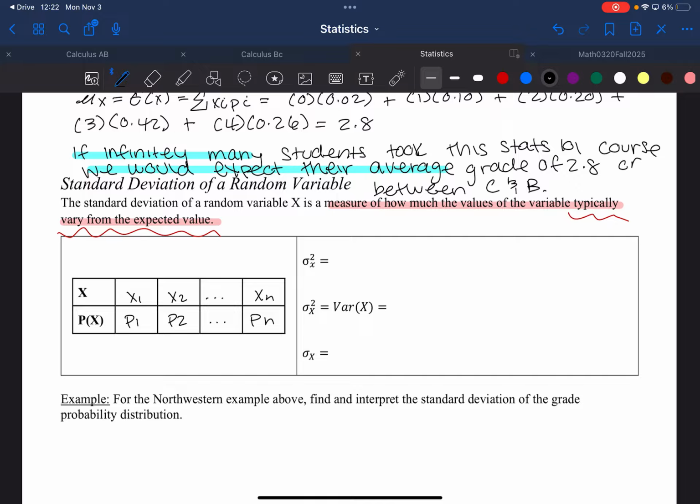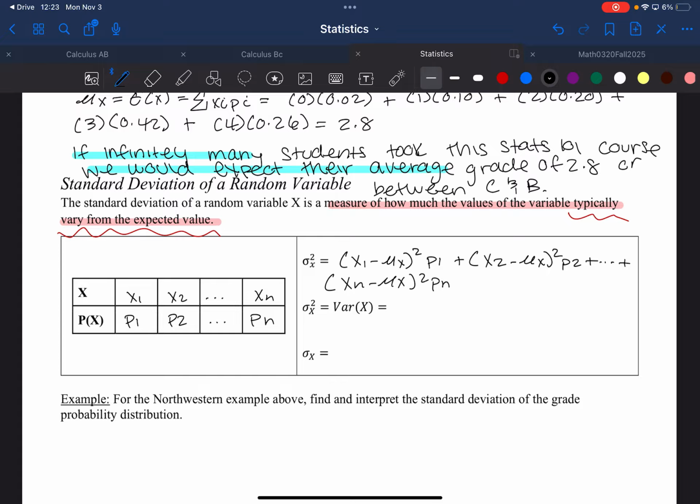So in order to find variance, we're going to take each of our x values, subtract our expected value, square it, and then multiply by the probability. And we're going to do that for every single x value. So it looks like (x1 minus mu x) squared times p1 plus (x2 minus mu x) squared p2, all the way to (xn minus mu x) squared pn.